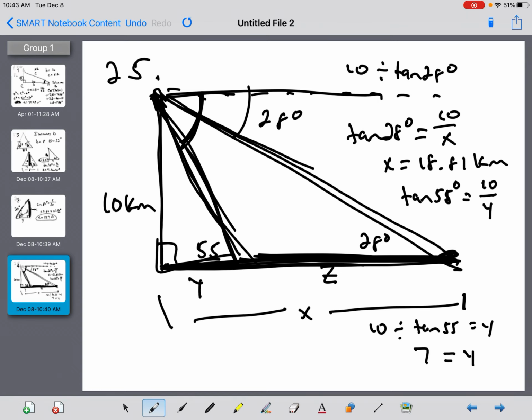So then the problem said, how far are the towns apart? That's Z. So Z is going to equal X, which is 18.81, subtract Y, which is 7. And so my final answer is 11.8 kilometers approximately.